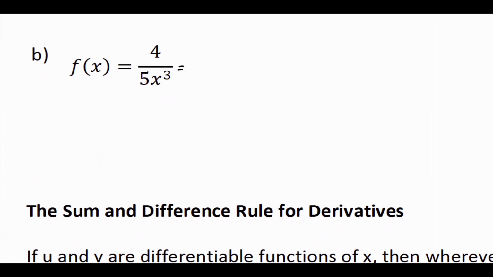So yeah, the first thing I can do is take 4/5 away from x to the third. Right? Take them away, split them up. And then do what we did before.